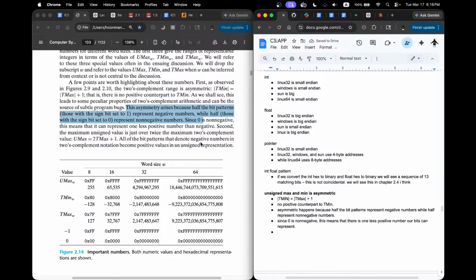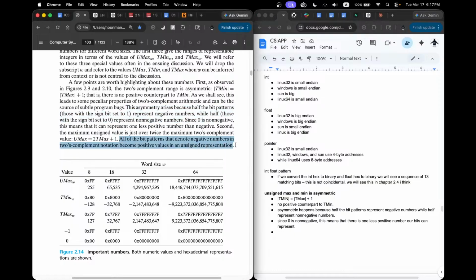The maximum unsigned value is just over twice the maximum 2's complement value. All of the bit patterns that denote negative numbers in 2's complement become positive values in an unsigned representation.